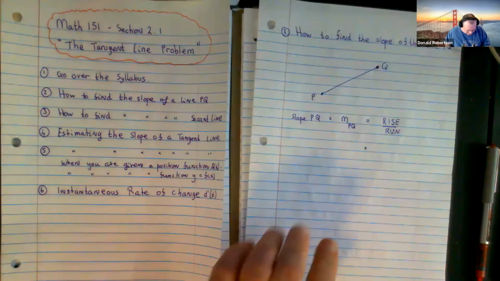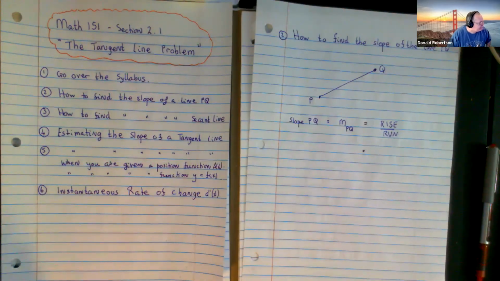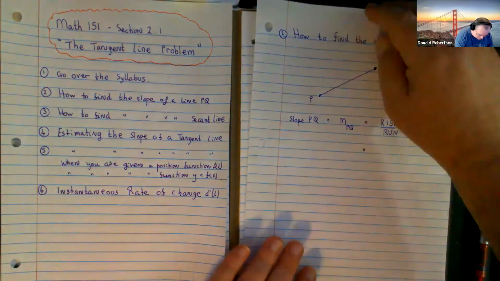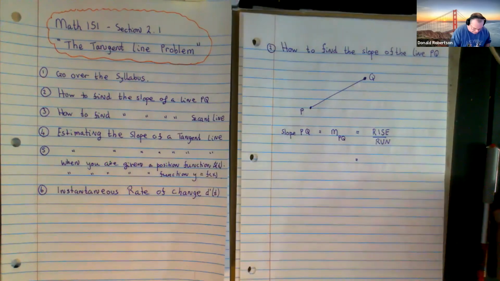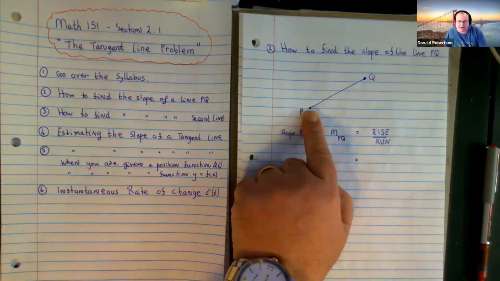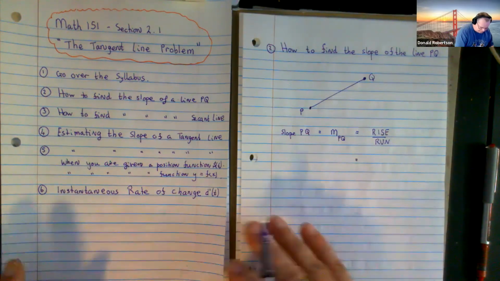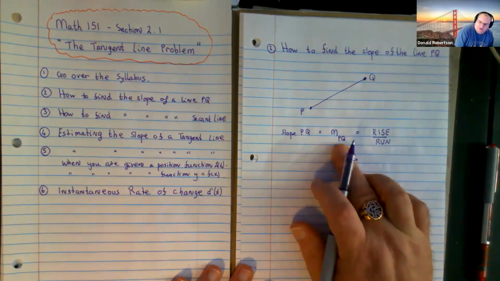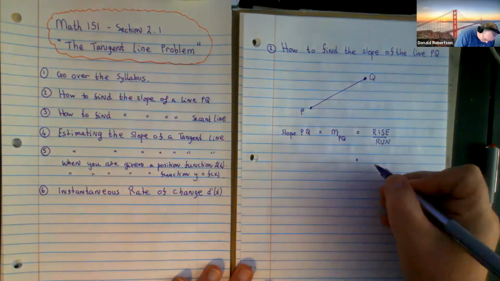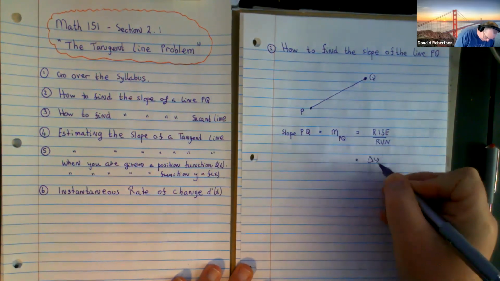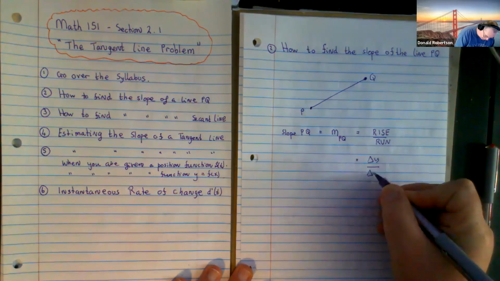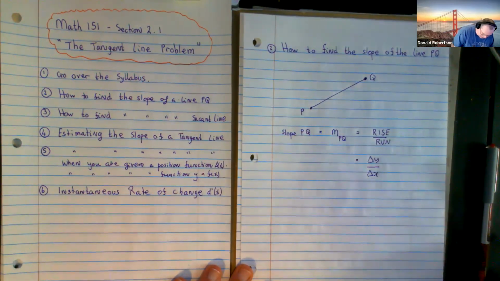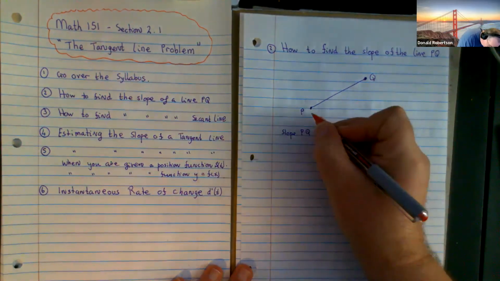So let's return back to here. There's a point P, this is a point Q. How do you find the slope of the line joining P to Q? It's rise over run. You can call it difference in y's over difference of x's. Let's put some meat on this.